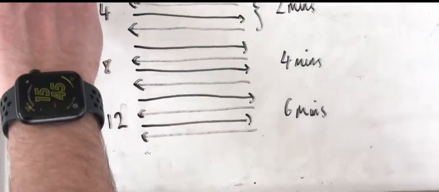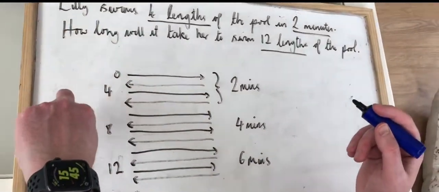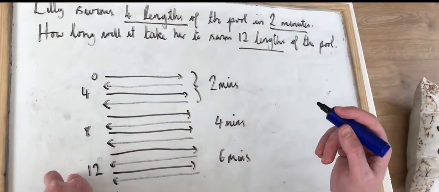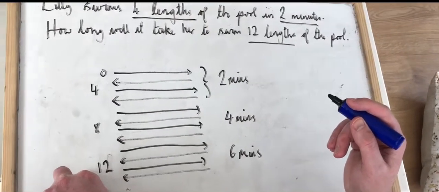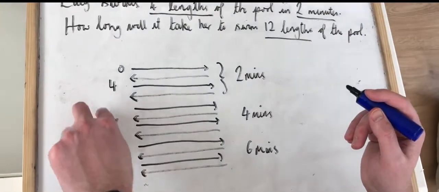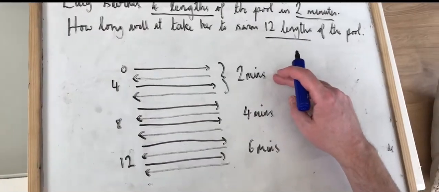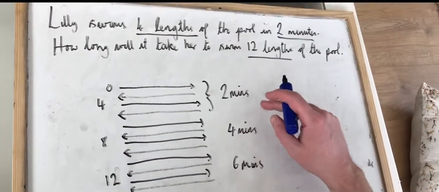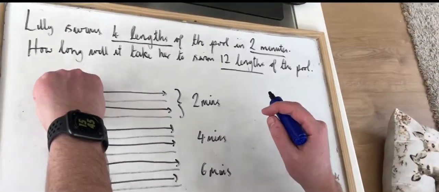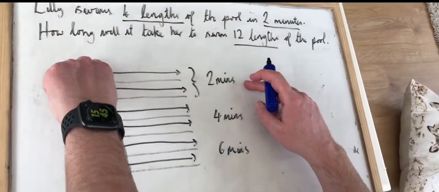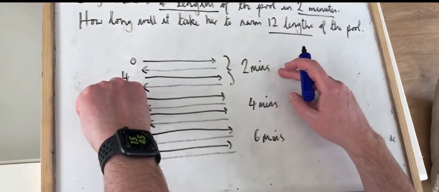What's happening here is it's increasing by multiples of 4 on this side, and on this side, it's increasing by multiples of 2. So for every 4 lengths, it's 2 minutes, and 8 lengths is 4 minutes.